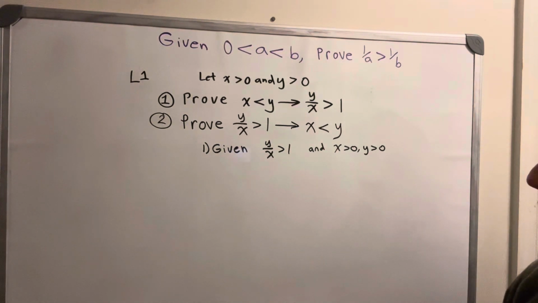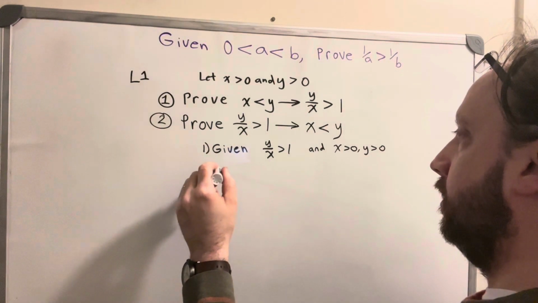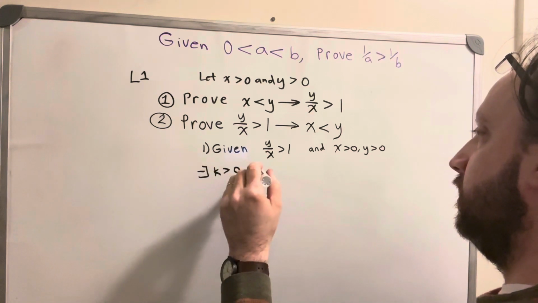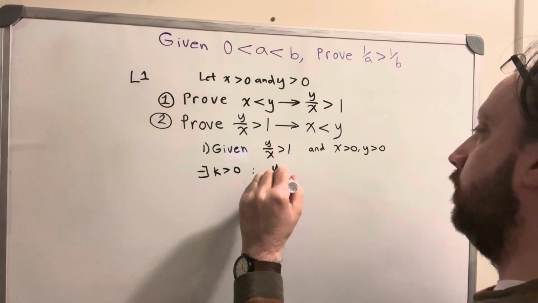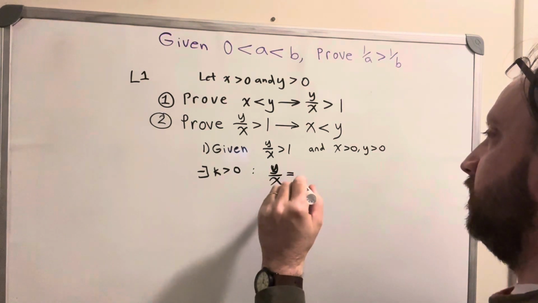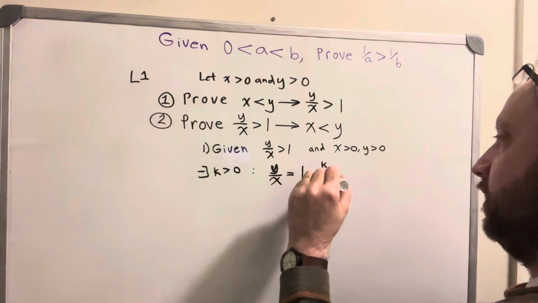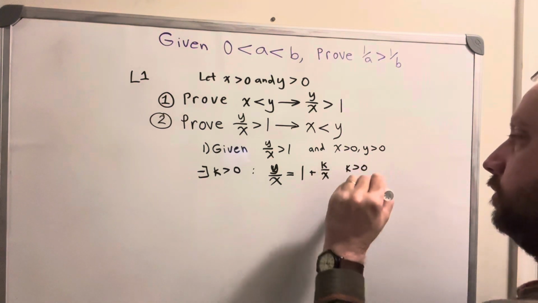So if y over x is greater than 1, then we may suppose that there exists some k which is greater than 0, such that y over x is equal to 1 plus k over x for k greater than 0.